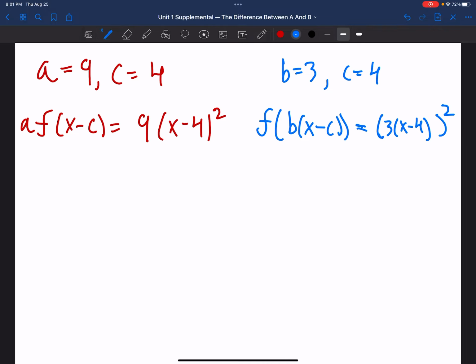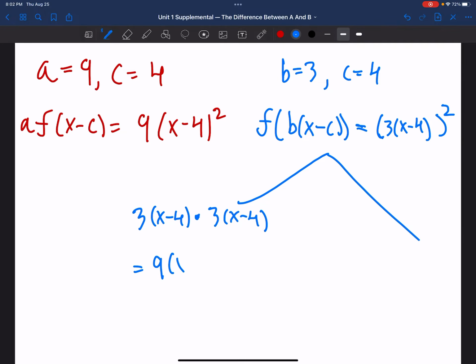Okay, well, can you square that out? Yeah, you can. I'm going to show you two different ways. I can rewrite this as 3 times x minus 4 times itself, right? This is what I meant by squared. And then, 3 times 3, that's the 9, and there's the x minus 4 squared.